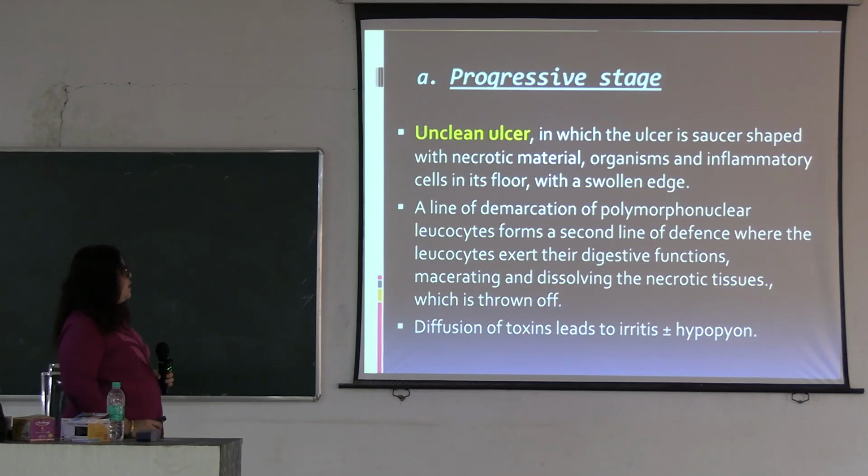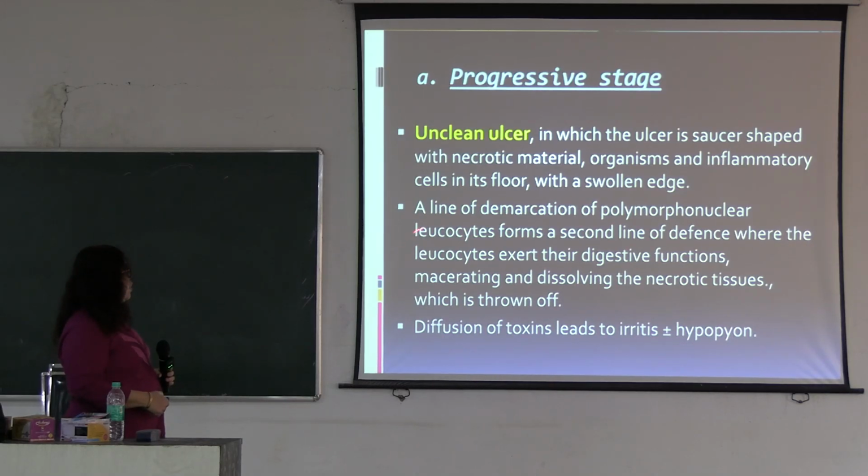In the progressive stage, there are lots of exudates and necrotic materials present over the floor of the ulcer, and organisms and inflammatory cells are also present on the floor. The cornea is swollen and edematous, and there is a clear-cut line of demarcation between the clear cornea and diseased cornea.